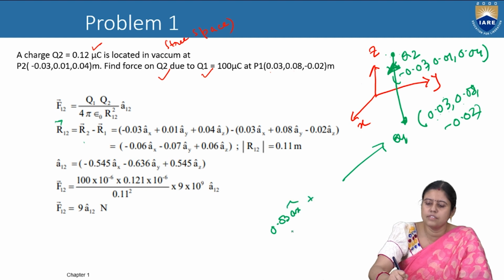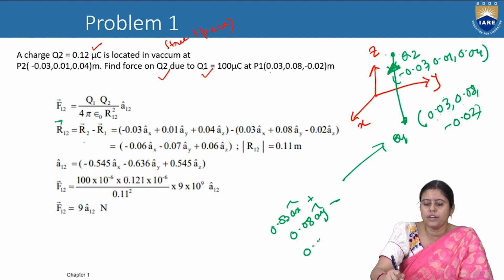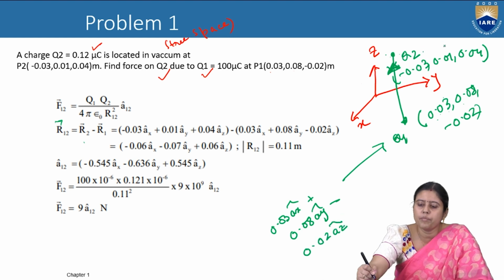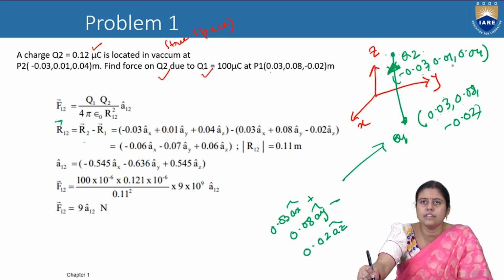0.03 ax plus 0.08 ay minus 0.02 az. What is the point of Q2? Minus 0.03 ax minus 0.01 ay, 0.04 az.